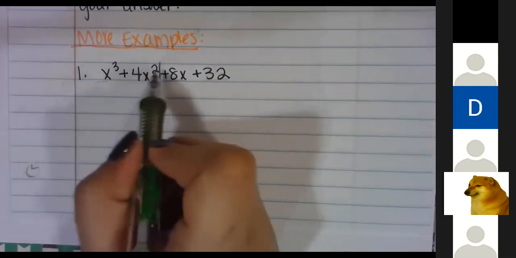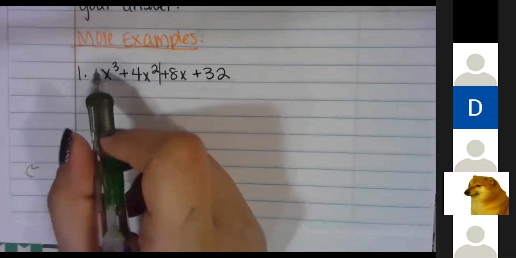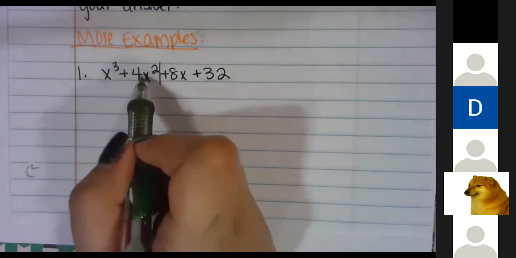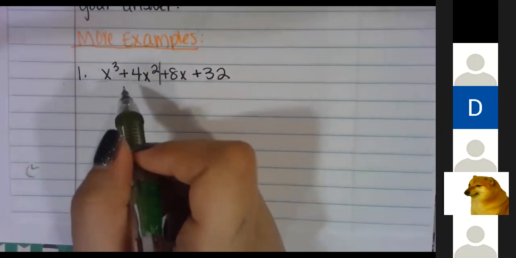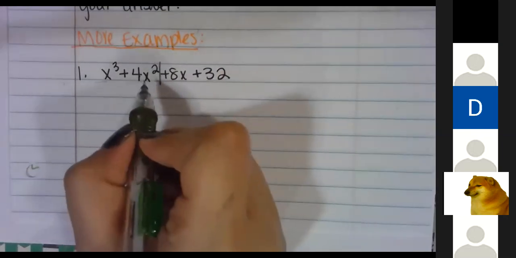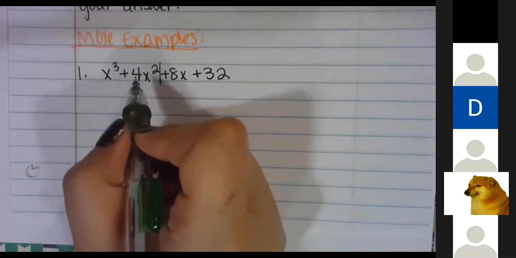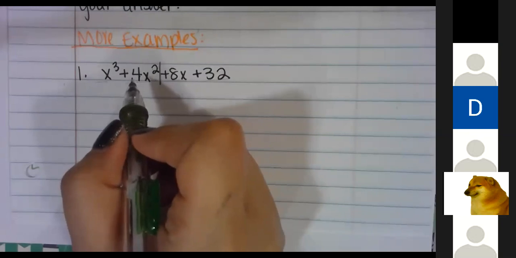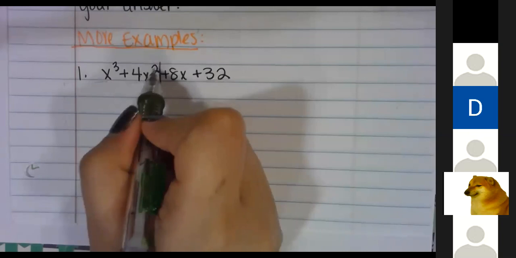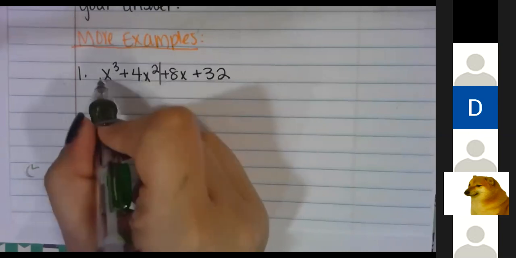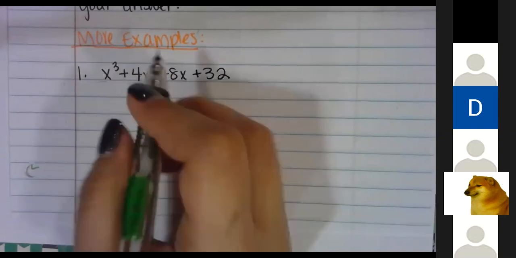Okay, and then looking at the left two terms, since this is 1, you're not going to be able to take a number out of here unless you want to take out a 1, but 1 goes into everything. For the variables, you always take the smaller of the two. They both have x, but x squared is smaller than x cubed, so you factor that out.